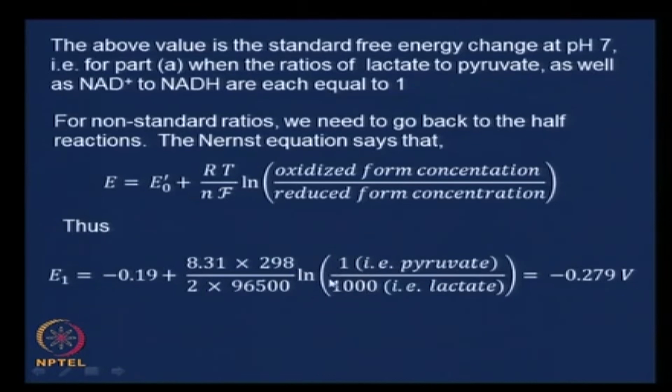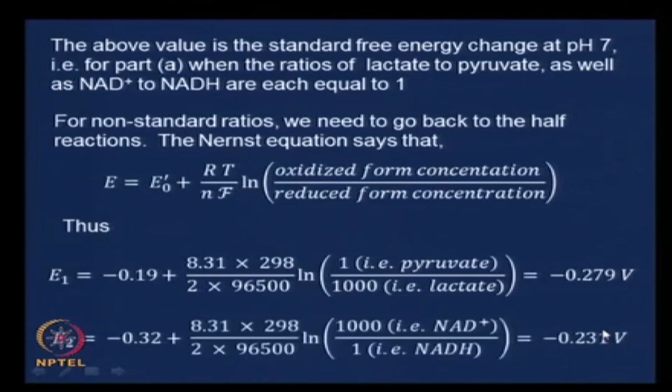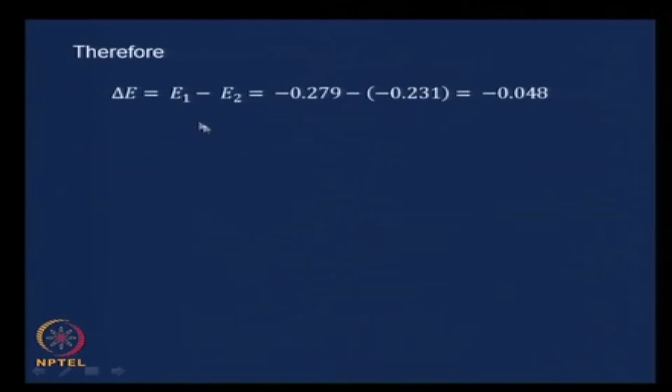The ratio was 1000 of lactate to pyruvate, therefore pyruvate to lactate turns out to be 1 by 1000, which is minus 0.279 volts, and E2 in a similar fashion happens to be minus 0.231 volts.